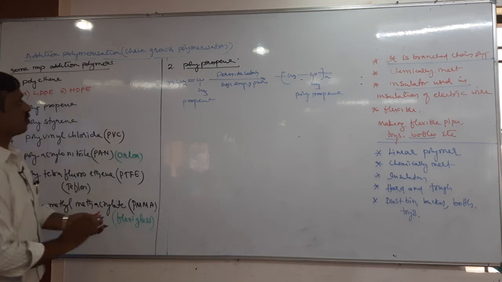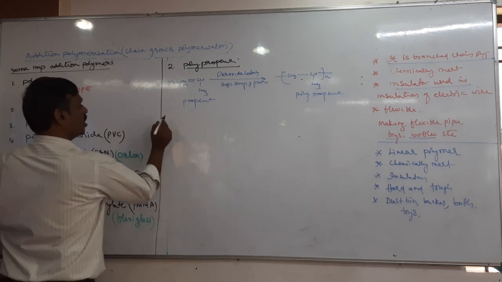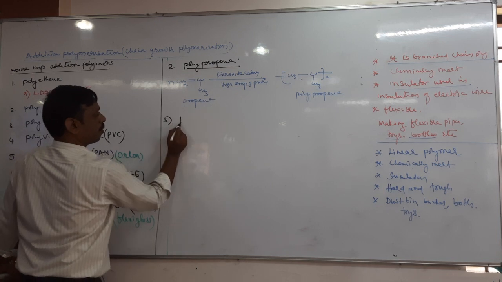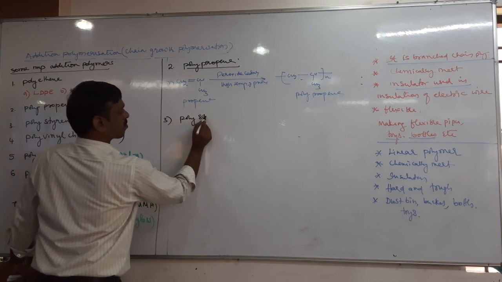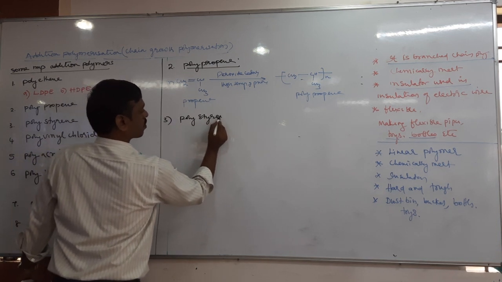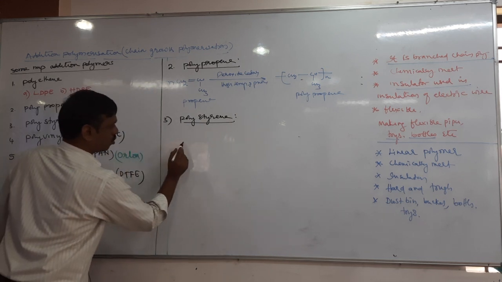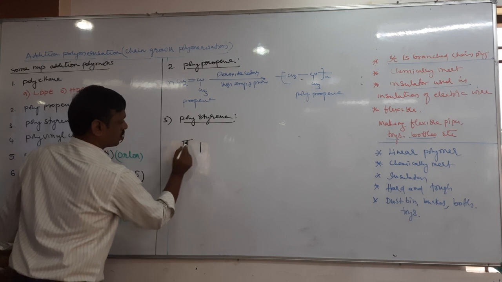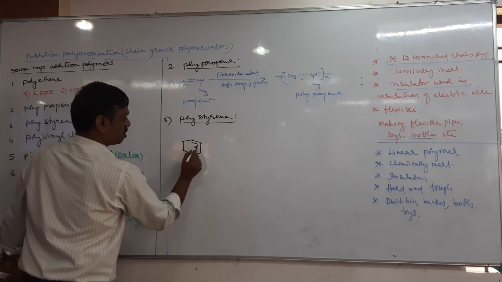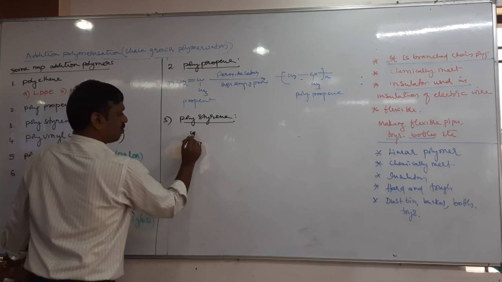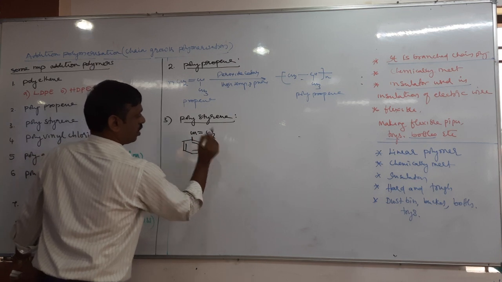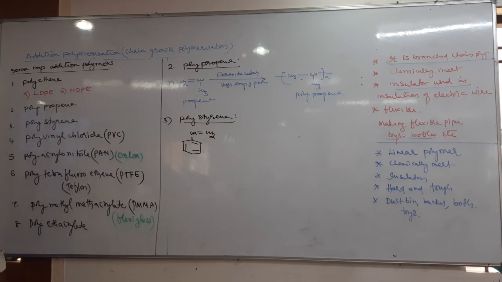Next, third one is polystyrene. Tell me, what is the monomer of polystyrene? Styrene. Styrene is nothing but a benzene ring which is having an ethylene group. Okay, phenyl ring attached to ethylene group, it is styrene.